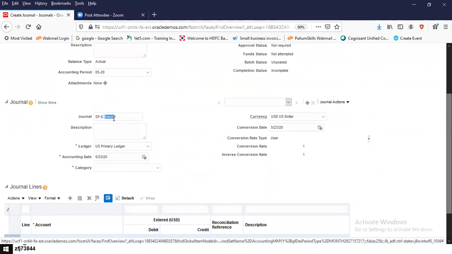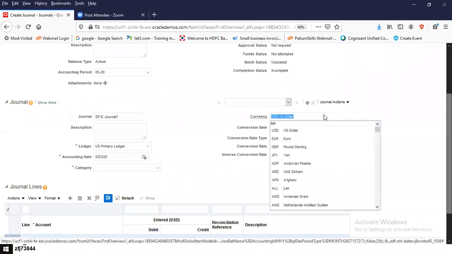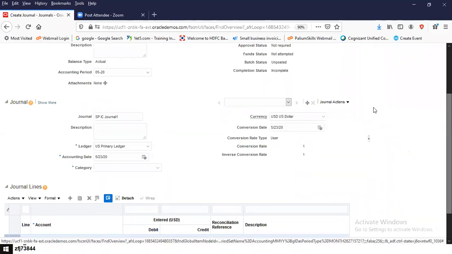This is the journal. Okay. Primary ledger, secondary ledger. And then we have the source here. The currency is currency. Then we have the category here.